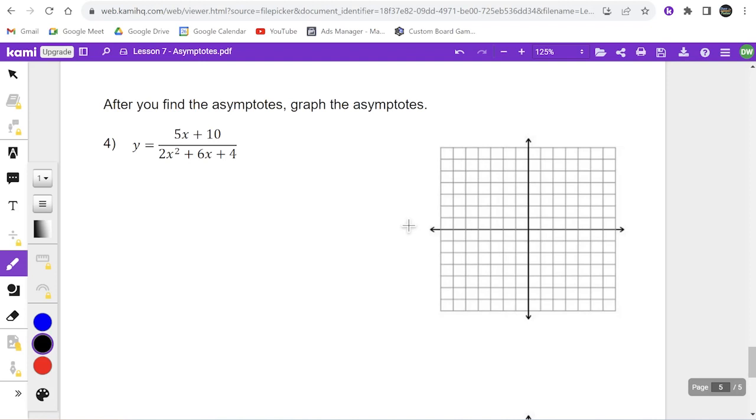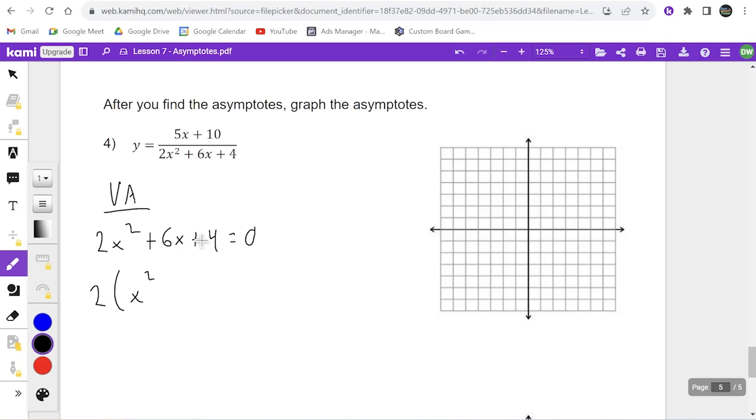So with number 4, first thing we're going to do, find the asymptotes. How do I find the vertical asymptote? Well, all I got to do is say 2x squared plus 6x plus 4 equals 0. This one's pretty challenging to factor. Does anyone have any ideas on how to make it easier? Well, I would say factor out a 2 from the beginning.